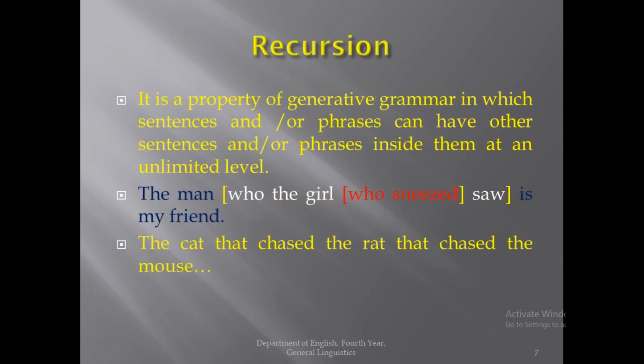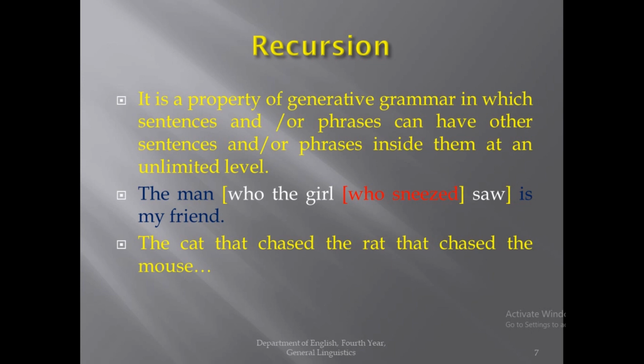Now another property of generative grammar, the school of Chomsky's linguistics, is recursion. What does recursion refer to here?